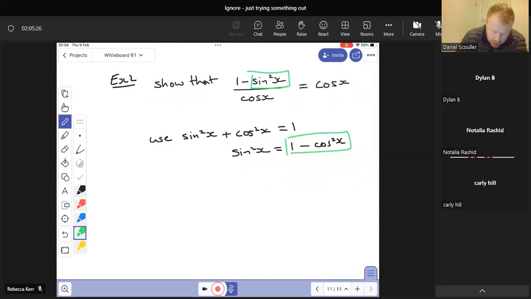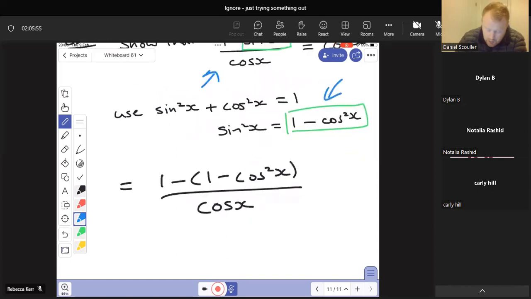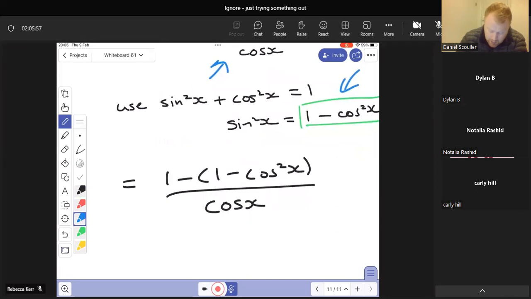Okay, so I'm going to substitute that in. It's going to give me 1 minus, put it in a bracket, 1 minus cos squared over cos x. So I've gone from my start expression, I've substituted in a relationship, and now I want to break that out.